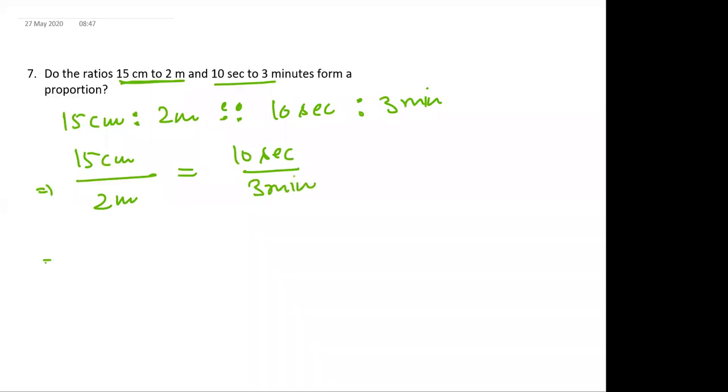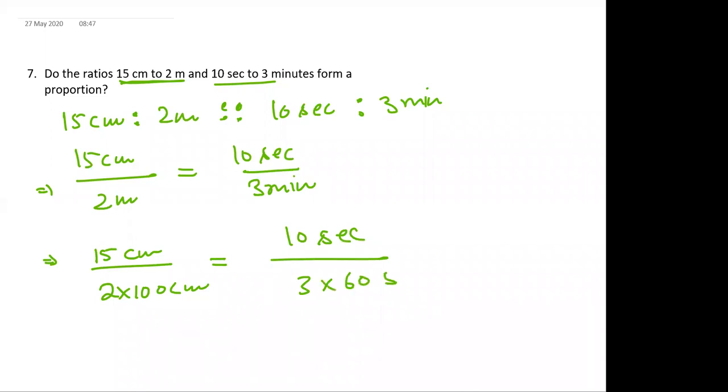But before that you have to make the units equal. So 2 into 100 centimeter, this 2 is in meter, so you have to change it into centimeter. In order to do that, multiply it with 100. Now 10 second upon 3 into 60 second, because in 1 minute 60 seconds are there.